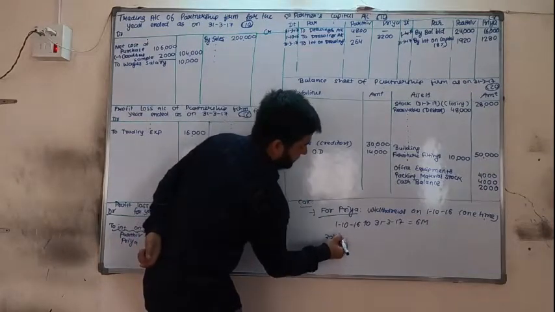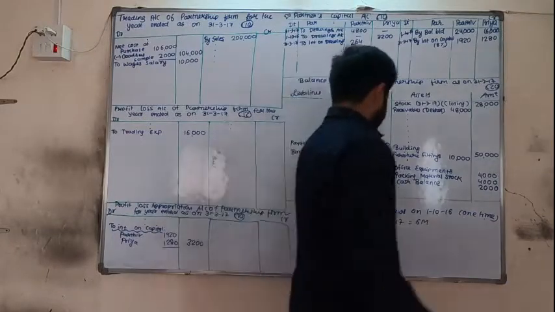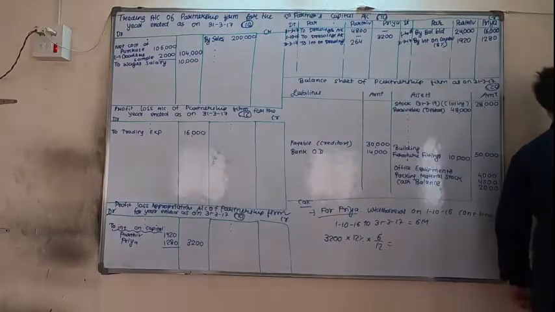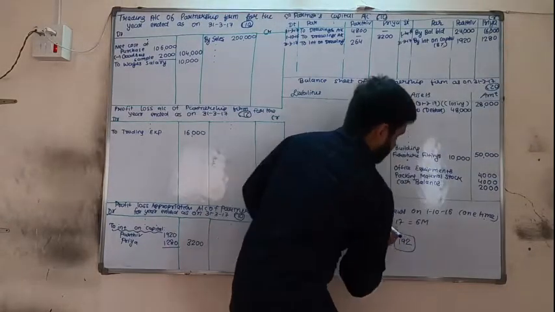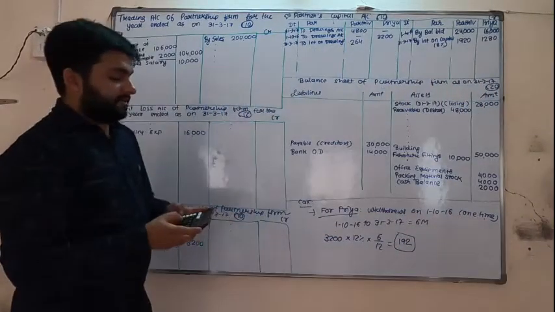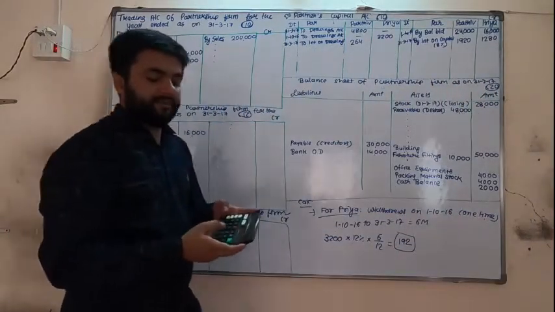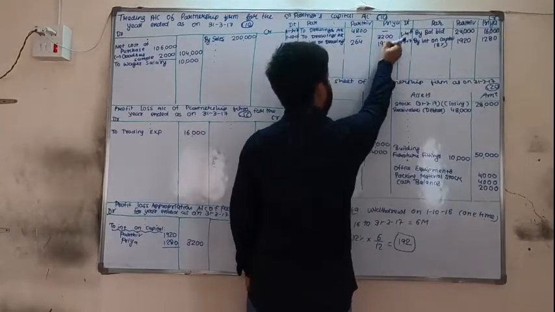So 3200 into 12% into 6/12 is 192 rupees. Again we calculate: 3200 into 12% into 6/12 is 192 rupees. So for Priya it is 192.